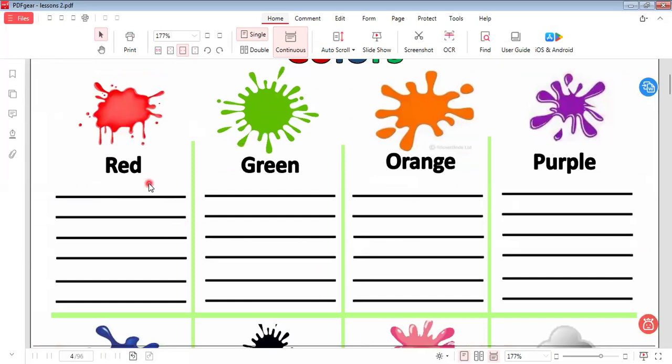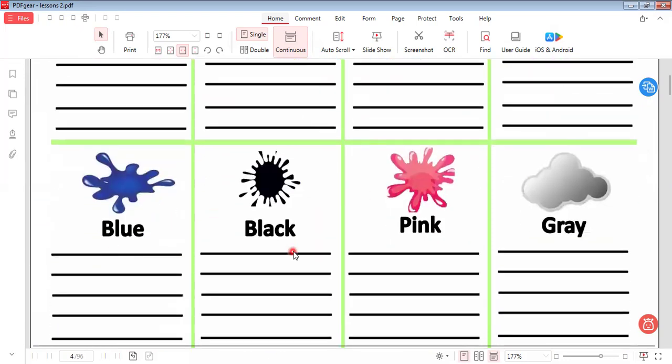I would like you to repeat with me. Red, green. I leave this booklet below the video, and I would like you to write these colors to learn with me, to be able to keep it. Okay, red, green, orange, purple. Blue, black.